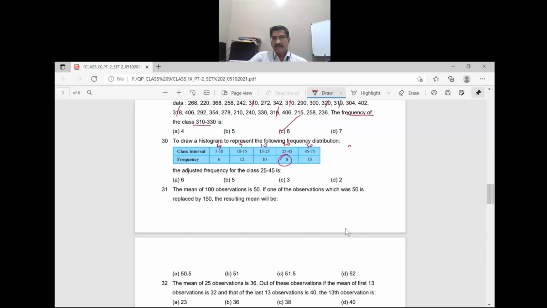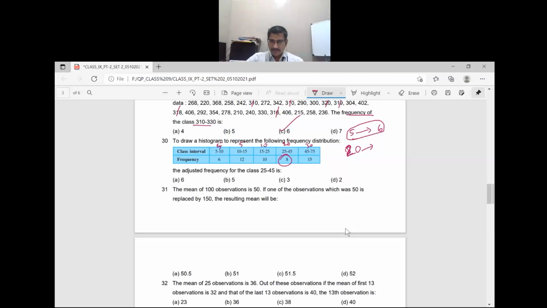So when the class size 5 has the frequency 6, and the other class size is to be brought to this size. This is the ideal size. So how to do it? We have to bring it.